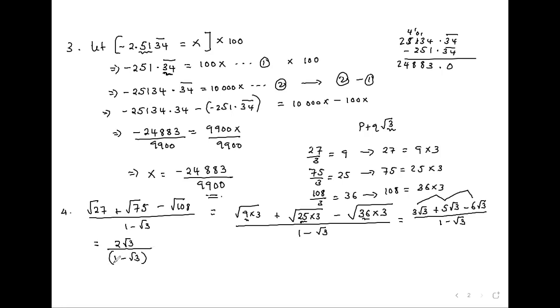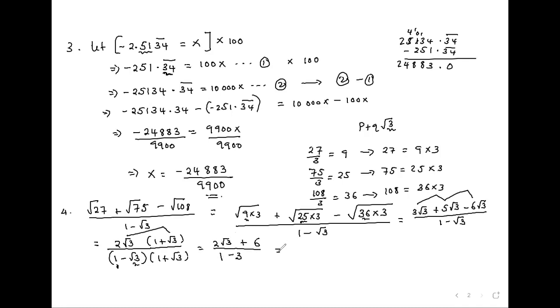Then we can rationalize. So we multiply by 1 plus root 3, which is 2 root 3 plus root 3 times root 3, we get 3. 3 times 2, we get 6. Over, we square 1, we get 1. We square root 3, we get 3.